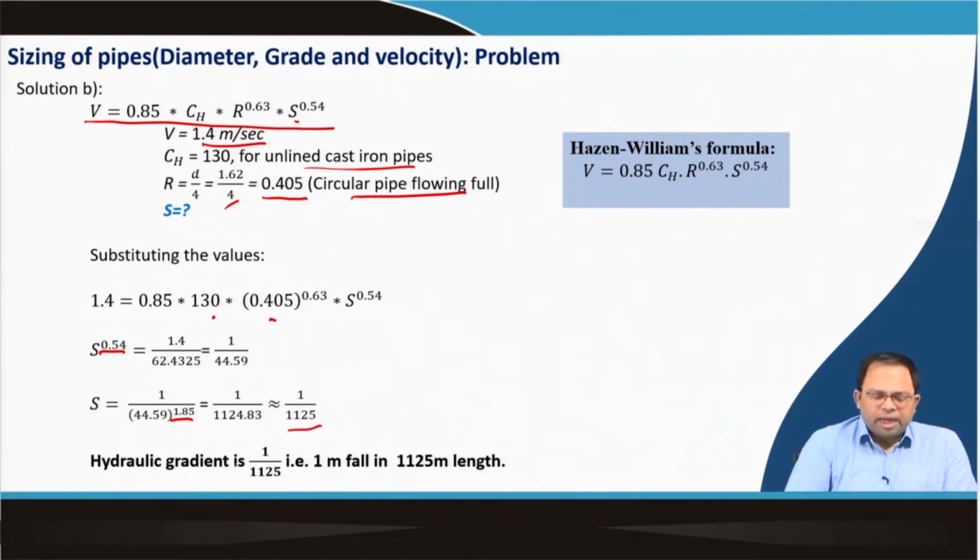So what does it mean? The hydraulic gradient is 1 by 1125. That is, for every 1 meter fall in every 1125 meter length, or 1 meter friction for every 1125 meter of pipeline length. This is the slope at which the pipeline has to be laid.